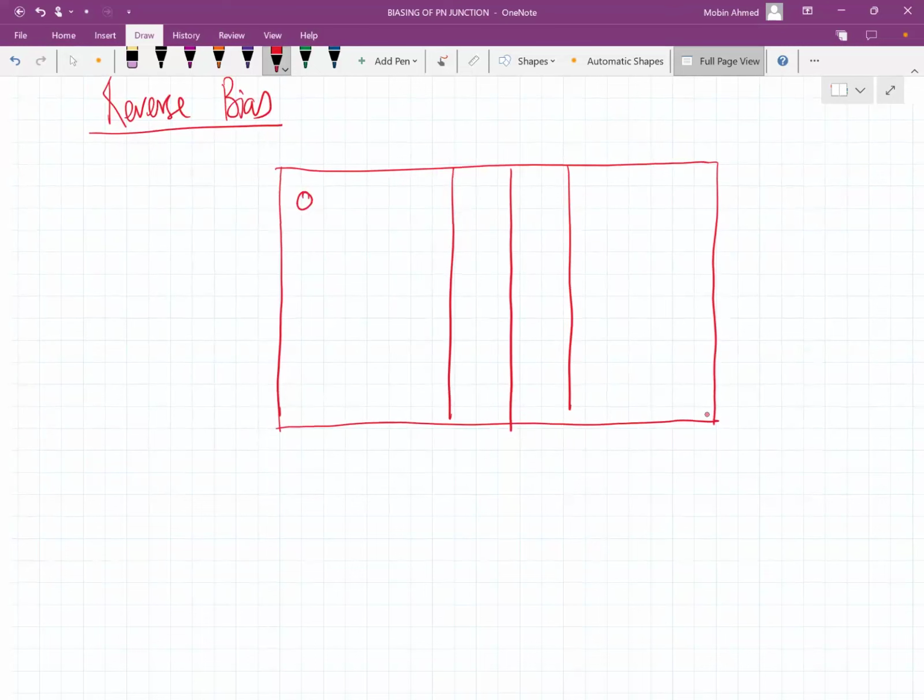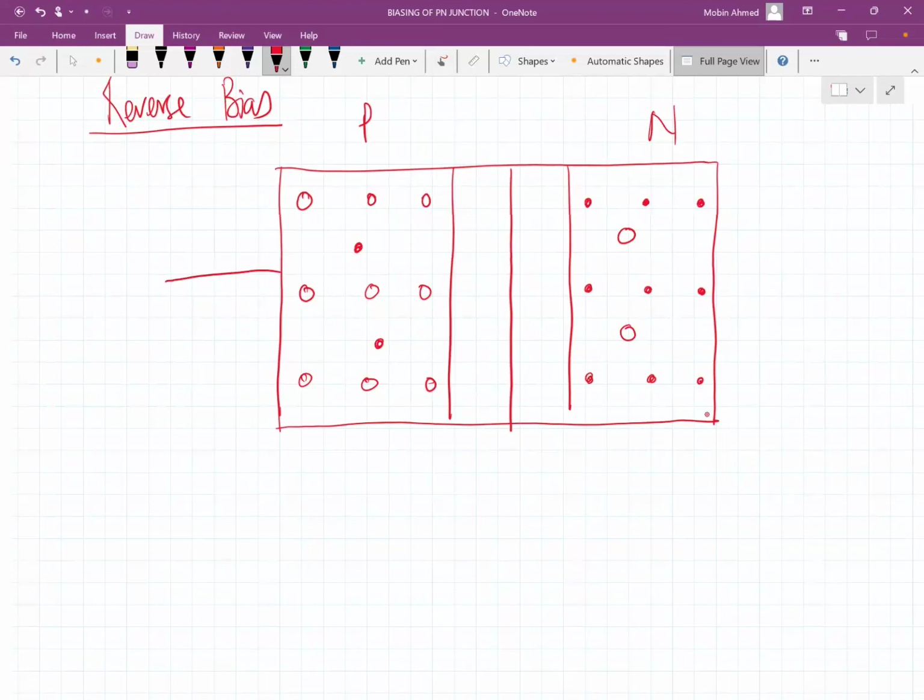Again, I am making the same. There is a majority carrier, that is the hole, and there are minority carriers in this. This is the P-type semiconductor. Here we have the N-type semiconductor. And here we have the hole.